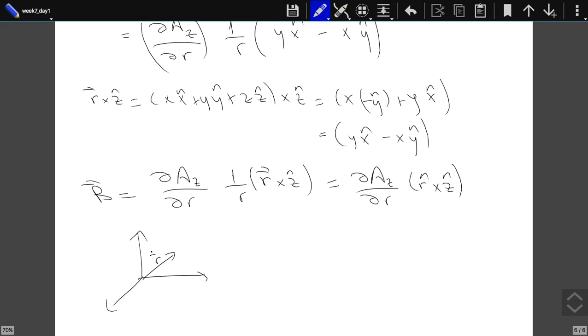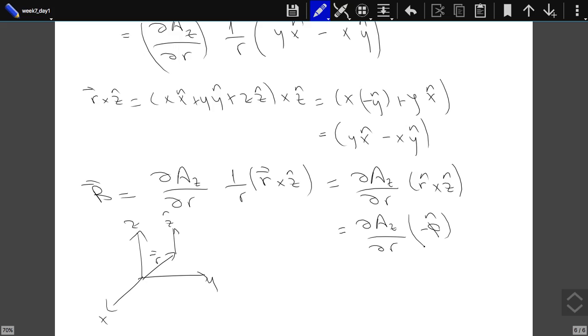Let's say this is my r, this is z. So r hat cross z hat is somewhere in this direction. This is x, y, and z. This is the derivative of A z with respect to r times minus phi hat.